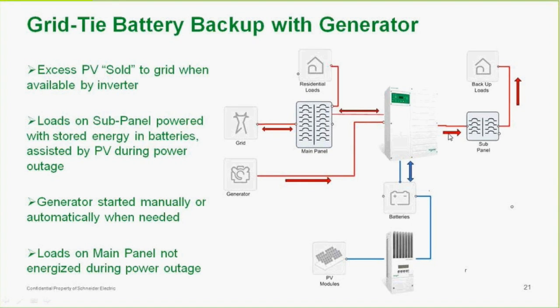So for instance, we'll say that we had the washing machine and dryer on the main panel. You could start the generator manually, run those loads and top up your battery at the same time, shut off the generator to save fuel, and still run the rest of the household load. So there's ways around things. There are more ways to do this than we could cover today.